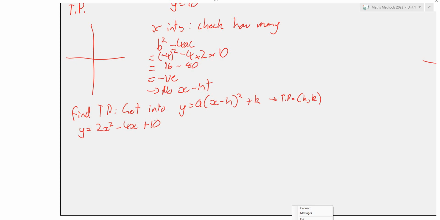So for this one, guys, can anyone see any issues with it? It's 2x squared. It's not monic. Sorry. It is easier to complete the square for a monic compared to a non-monic.